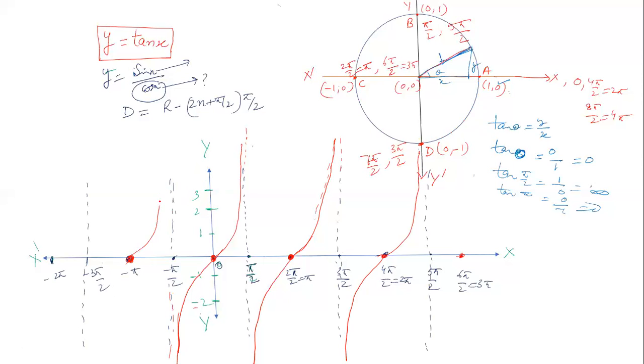It will go like this. And now minus pi to minus 3 pi by 2 is again negative. It will go like this. So we can see the graph of tangent of x.